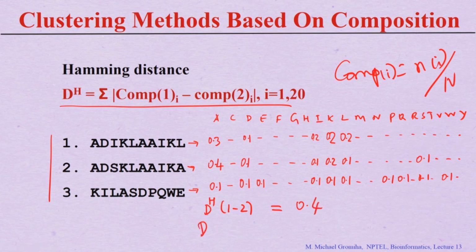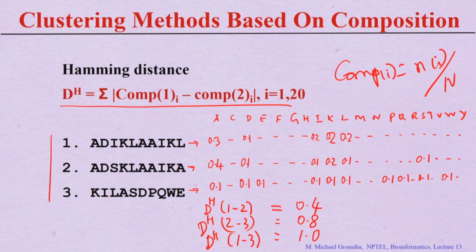Right, now the Hamming distance between 2 and 3 is 0.8, very high. And between 1 and 3, 1.0. So, we have 3 different sequences, right.